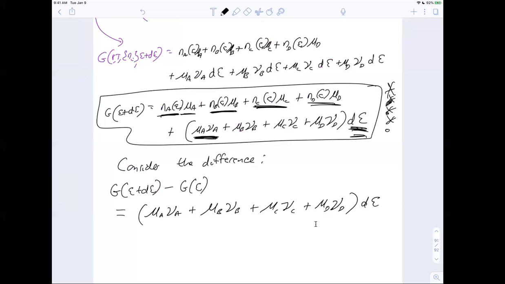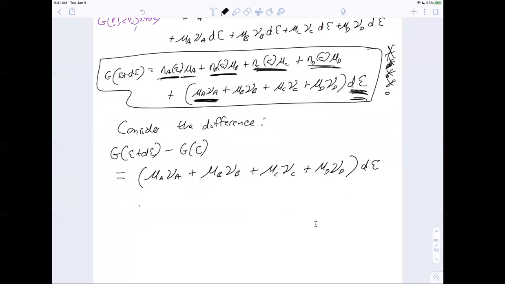All right, pretty easy. But we know from our understanding of differential calculus that if we have G at epsilon plus d epsilon minus G at epsilon, and as d epsilon gets smaller and smaller in the limit that it goes to 0, this is just dG. Right? This is just that differential change in G, because we're taking the difference of G arising from a differential change in epsilon.